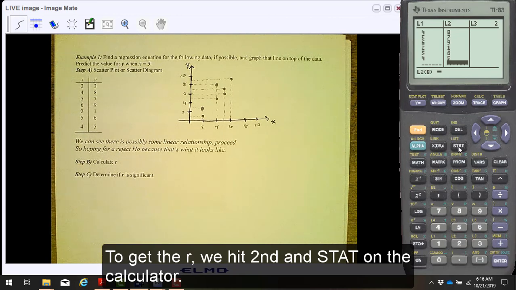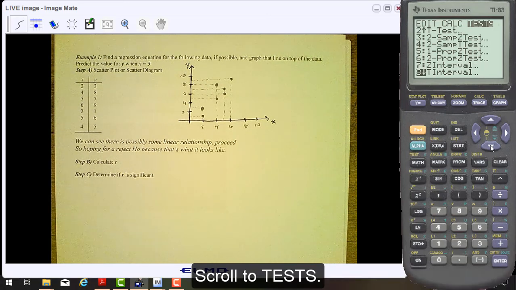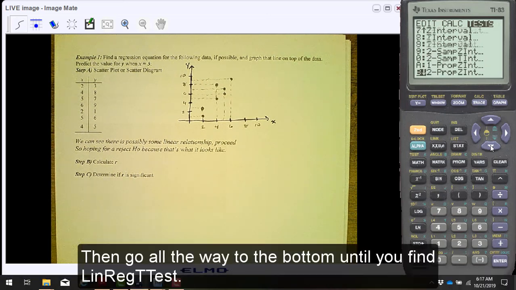To get the R, we hit second stat on the calculator. Scroll to tests. Then go all the way to the bottom until you find LinRegTTest.